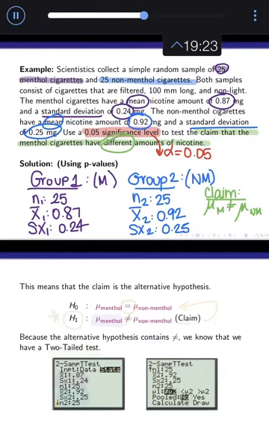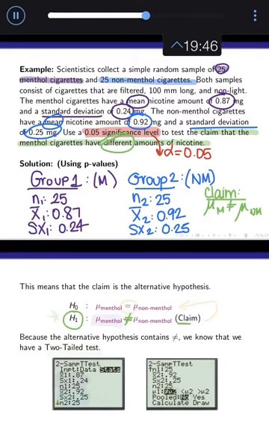Because our claim had a not equal to symbol, remember, anything with an equal to lands in the null hypothesis, the H naught. If it doesn't have an equal to, which includes the not equal to symbol, that means it will land in H1. So our claim, which had the not equal to, landed as our H1.